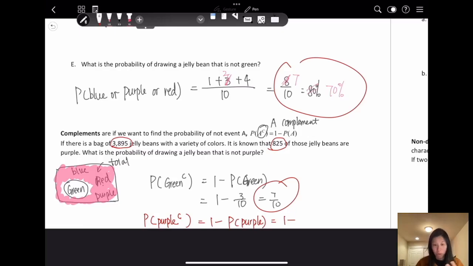The probability of a purple jelly bean is the number of purple jelly beans over the total jelly beans, 3,895. Then use a Google calculator. You will find that this is equal to 78.82%.